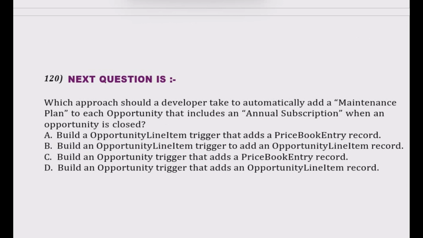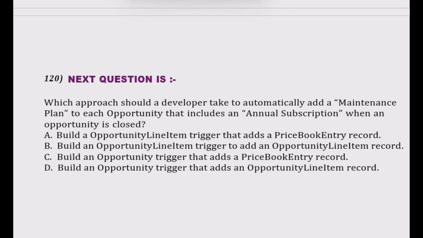Question is, which approach should a developer take to automatically add a maintenance plan to each opportunity that includes an annual subscription when an opportunity is closed? Option A, build an opportunity line item trigger that adds a price book entry record.